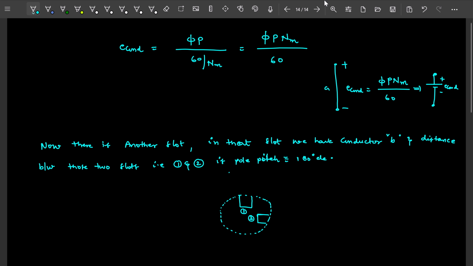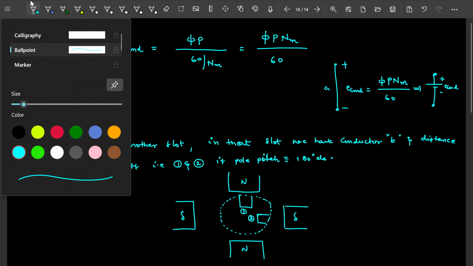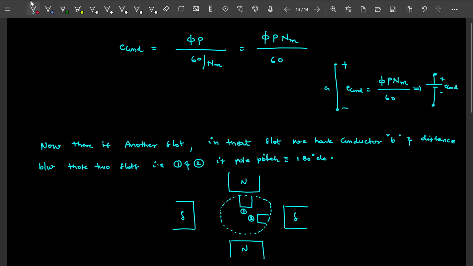Okay, and we are going to have that north pole, and here we are going to have that south pole, and here again north pole, and here again south pole. In that we are going to have this conductor A, and similarly we are going to have a conductor B, and these two conductors are connected in series.